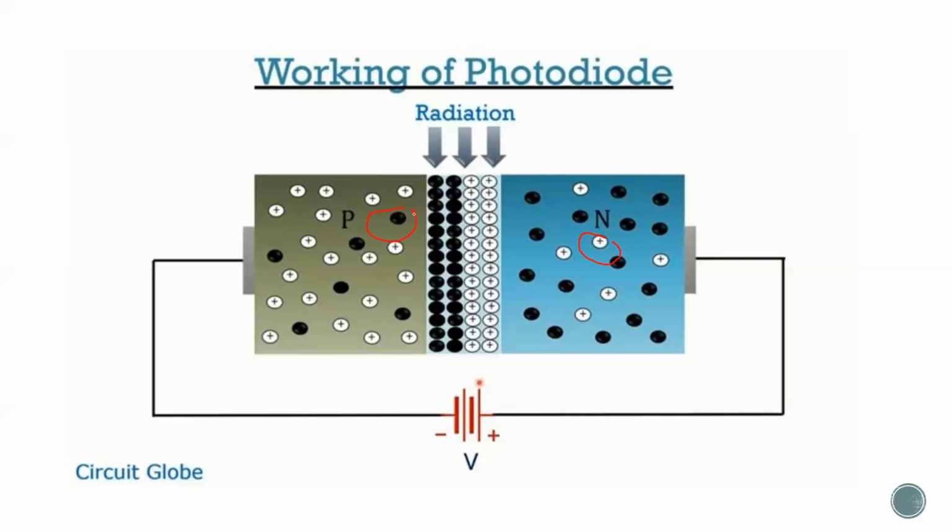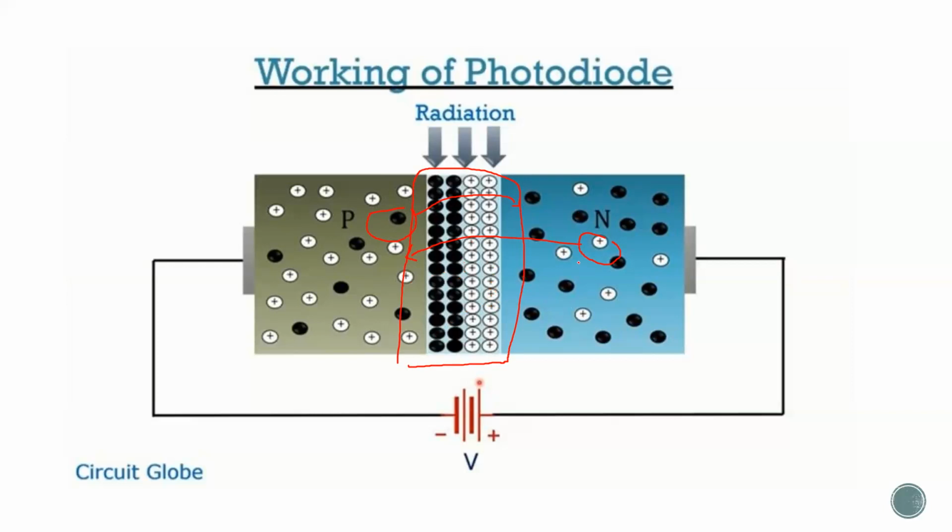So the hole goes to the N side and the electron goes to the P side. After a certain point of time, the movement of minority carriers generates a depletion region across the junction. This is our depletion region. This depletion region contains neutral atoms that do not allow any diffusion flow of electrons or holes across the junction.